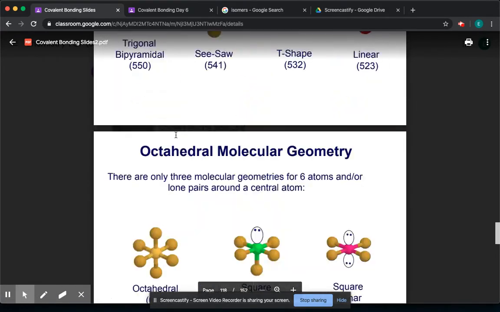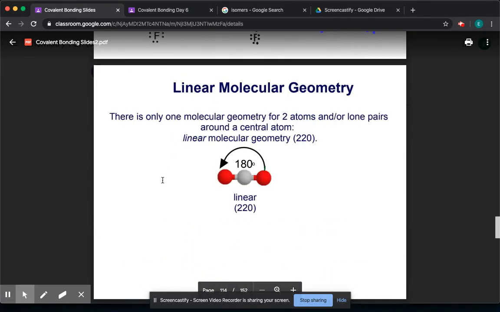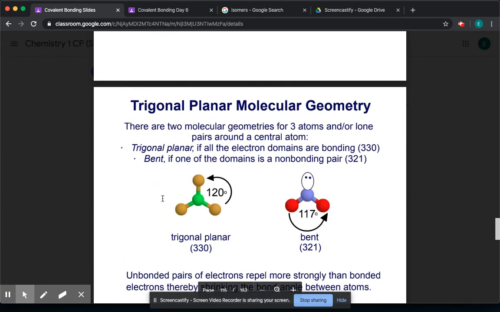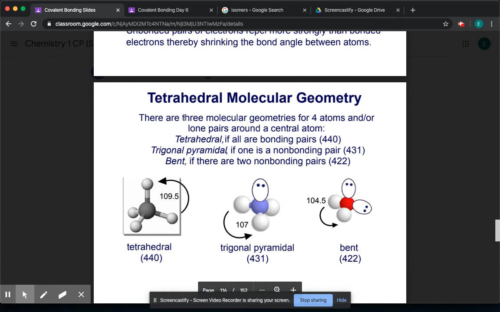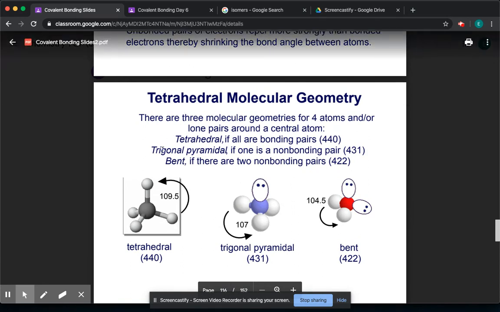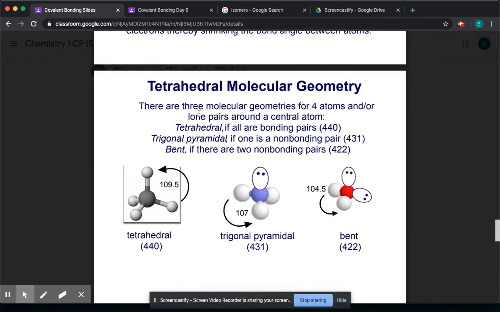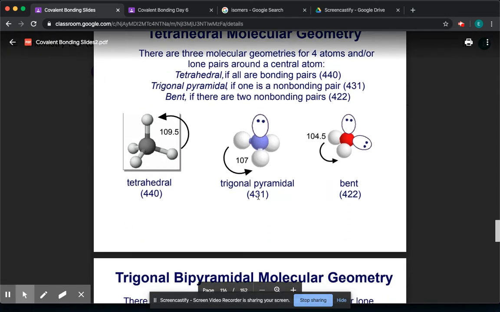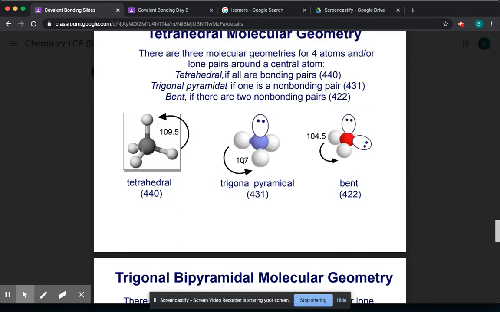It starts talking about the shapes right after rule 3, and it goes through each of them. So the first number would be 4. Remember that EDG tells you the shape. So the EDG would be tetrahedral. So look at the tetrahedral one. And in this case, we are at 431, which is trigonal pyramidal, which gives us a bond angle of 107.